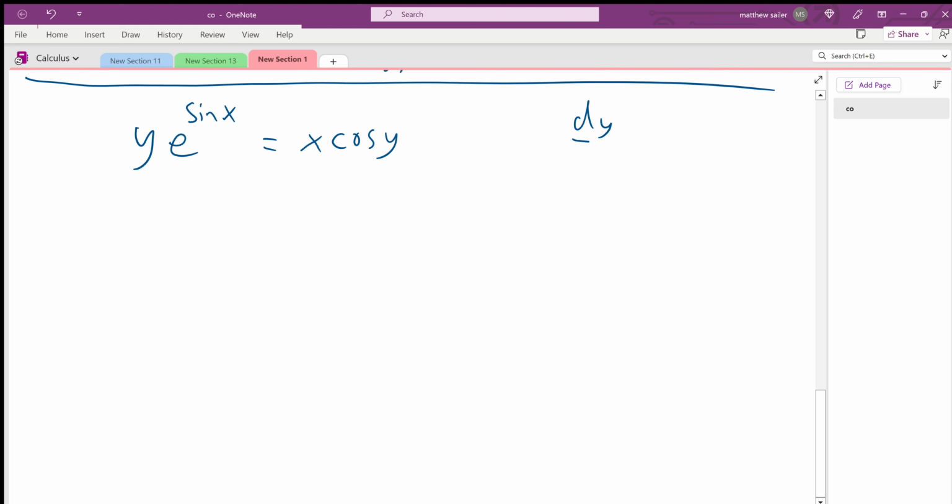We want to find dy dx, but this time we also want to find an equation for the slope with x and y equals 0 and 0. So there's one other step. We're actually going to be solving this final equation to find an equation for dy dx. In other words, we're finding the equation for the line tangent to the curve at 0, 0.